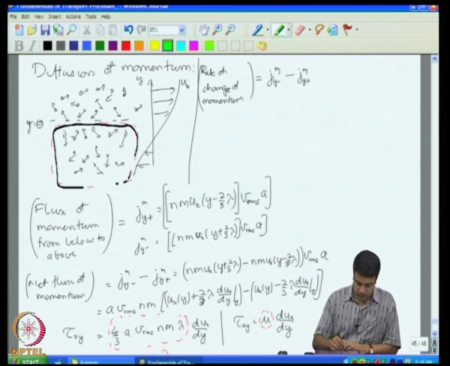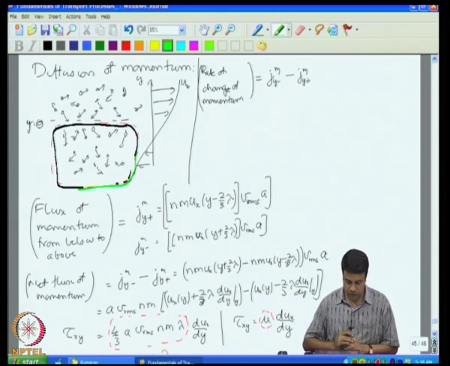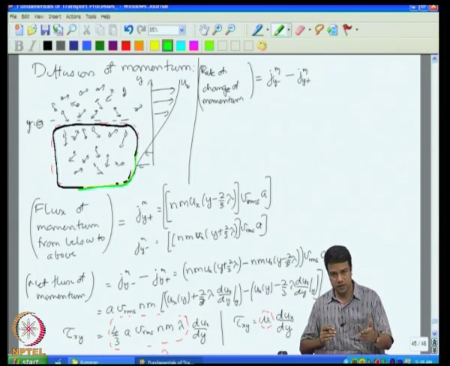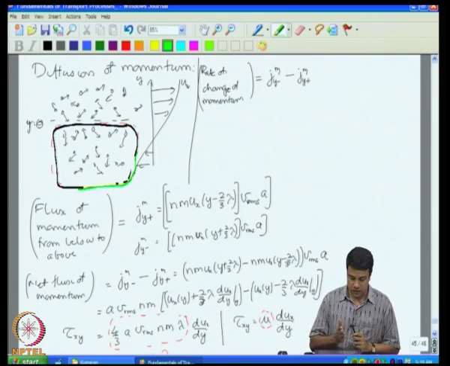If we take this volume, then there is an increase in momentum within this volume, because faster moving molecules are coming down, and decrease in momentum because molecules are going upwards. However, there is a mean velocity gradient, which means that on average the molecules that are coming downwards have a higher velocity than the molecules that are going upwards, because the velocity increases as you go upwards in this system.